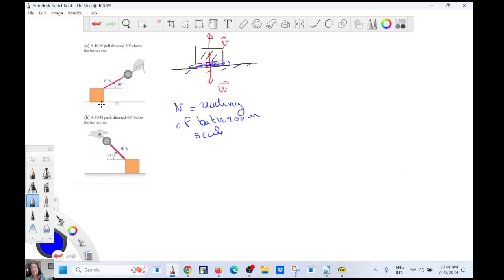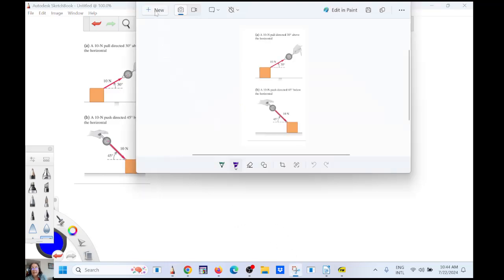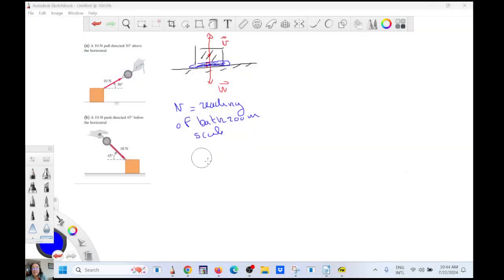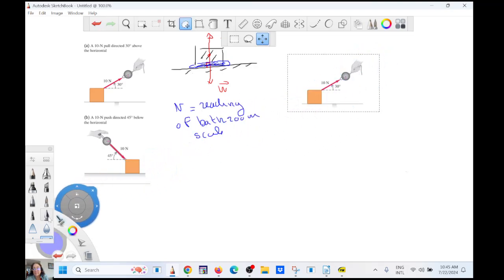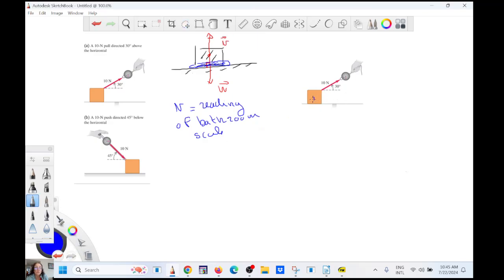So what's going to happen in this case here? What are the forces acting?